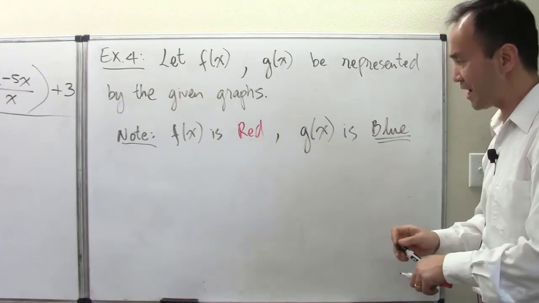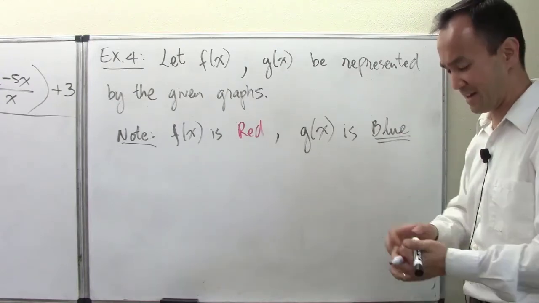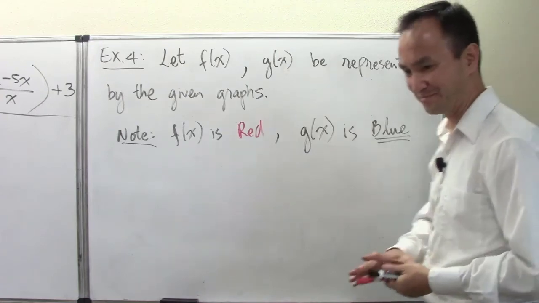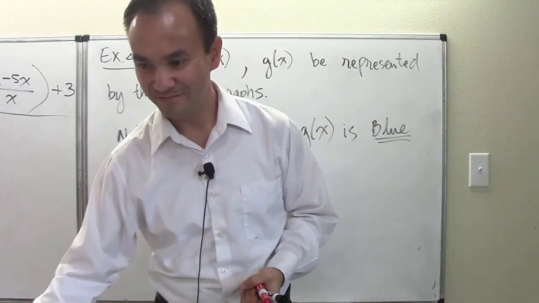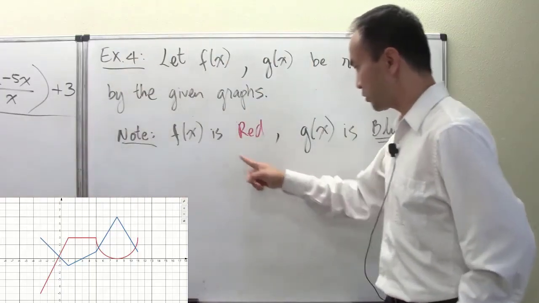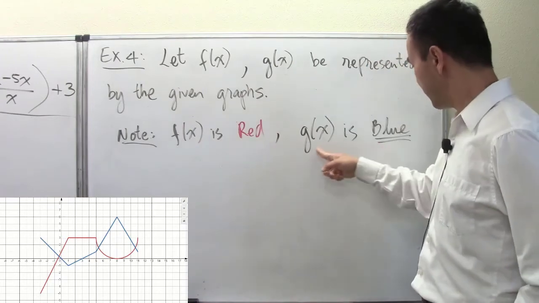Now let me show the graph, and then I will write down the actual problem. All right, so this is now the graph for the two functions. As indicated earlier, the graph in red is the graph of our function f of x, and the graph in blue is the graph for g of x. So f of x is red and g of x is blue.